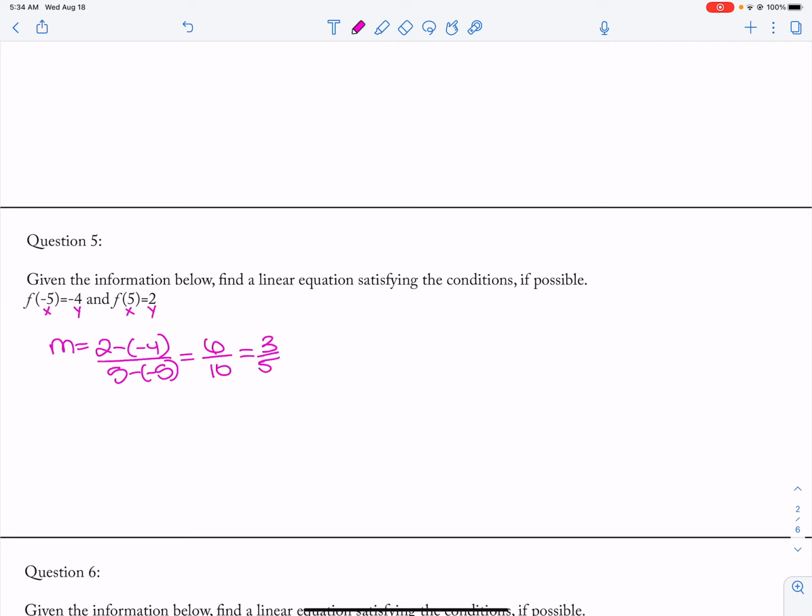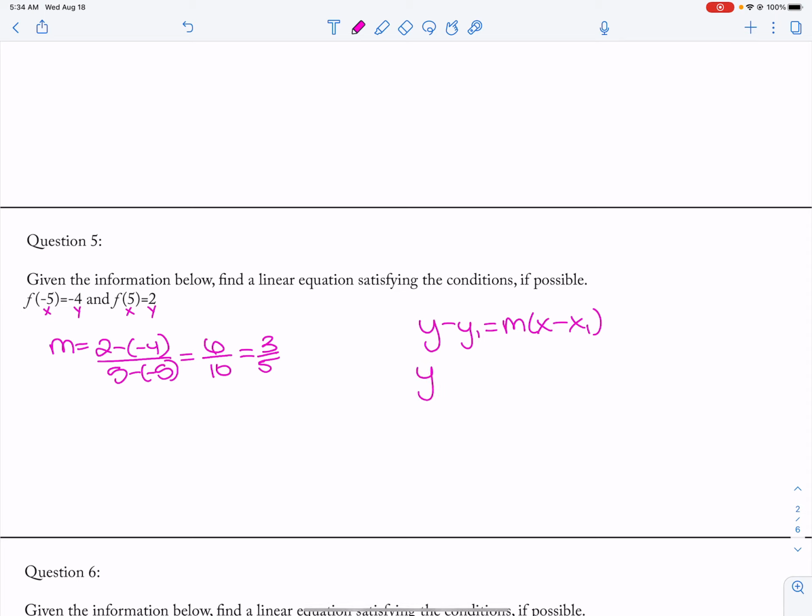Now, when I write the equation of the line, I'm going to write it in point-slope form, which is y minus y1 is equal to m times x minus x1. I'm going to pick whatever coordinate point I want. It doesn't make any difference which point I pick, because if I distributed and turned it into y equals mx plus b, which is slope-intercept form, I would get the same function unless I made a mistake.